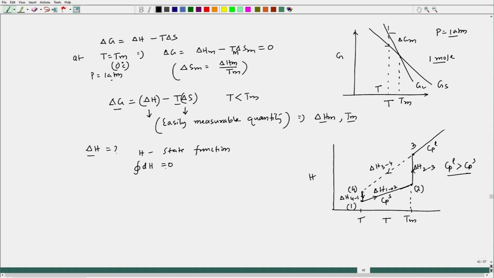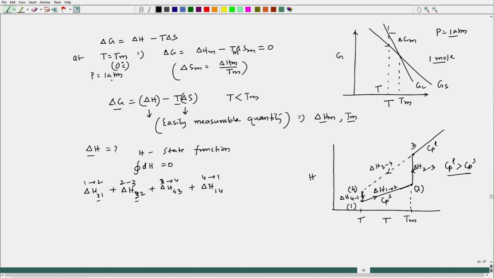So, I can write delta H 1 to 2, the final minus initial, so delta H 2 1 plus delta H 3 2, because I am going 2 to 3, plus delta H 4 3, since it is 3 to 4, plus delta H 1 4, it goes from 4 to 1.